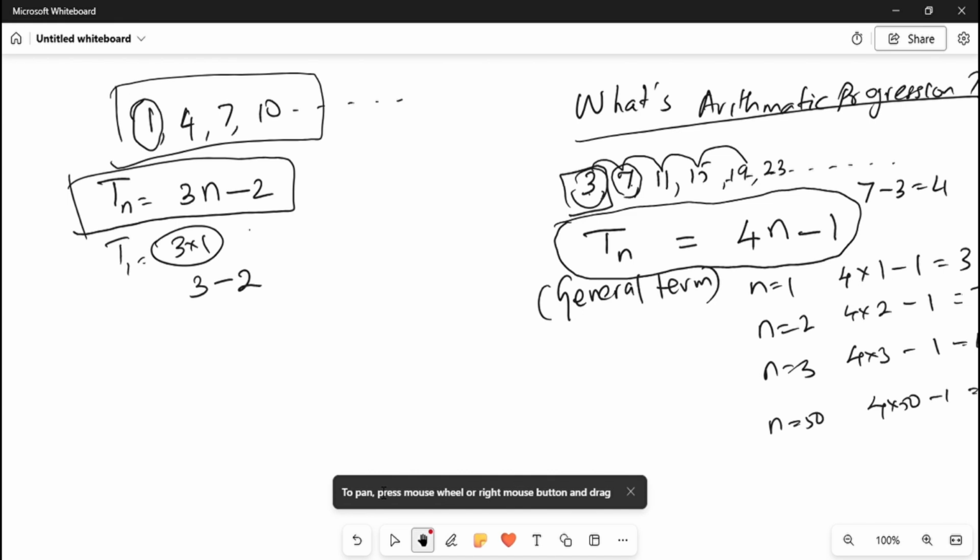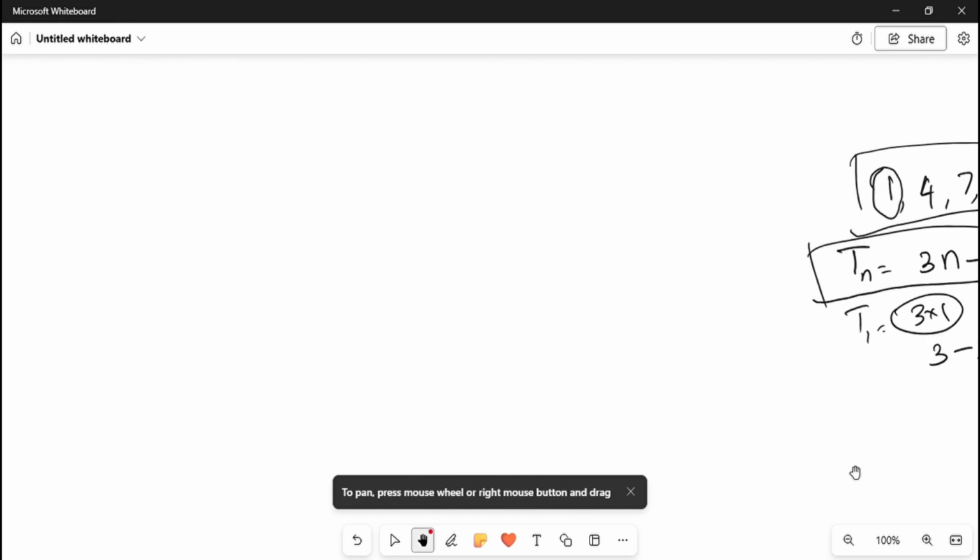First of all, I'll show you the general format of an arithmetic progression. Look at this number pattern I write: 3, and 4 is 7, and 4 is 11, and 4 is 15. It's going like that. It's an arithmetic progression.